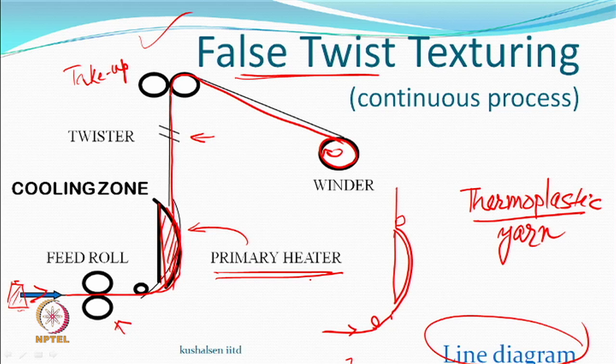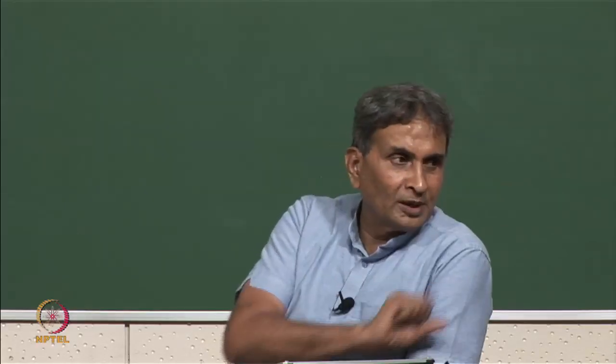And not just the heater, but you also have what I call a cooling zone. So, setting in a thermoplastic yarn, there is a heating process and there is a stabilization process which we call cooling.